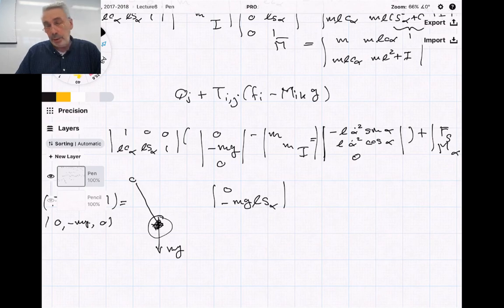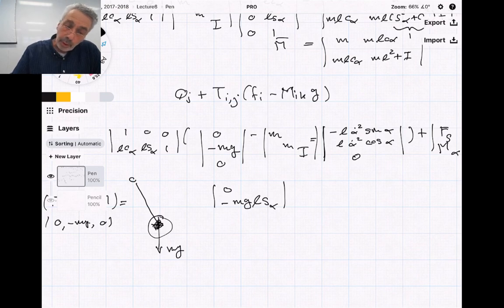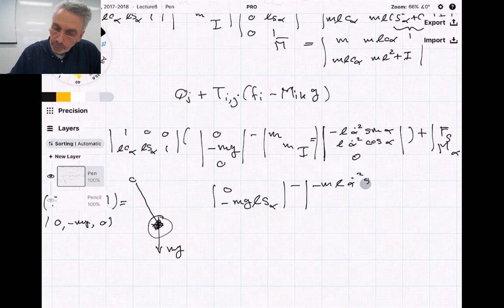Well, that's easy, because again, this diagonal matrix just scales the rows. So it's m times the first, m times the second, I times the last. The last is 0, so it's only m. So remember m. And then we have to take this times this times m, so we get a minus sign, and then here we have minus mL alpha dot squared sine alpha.